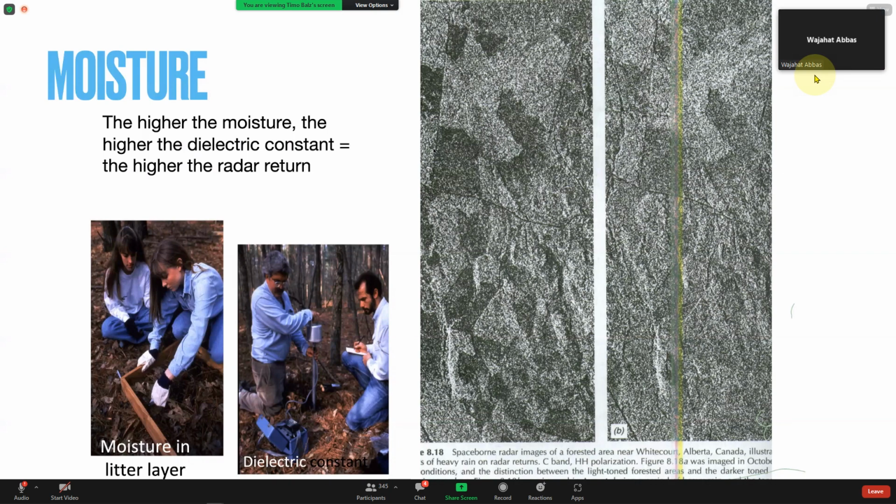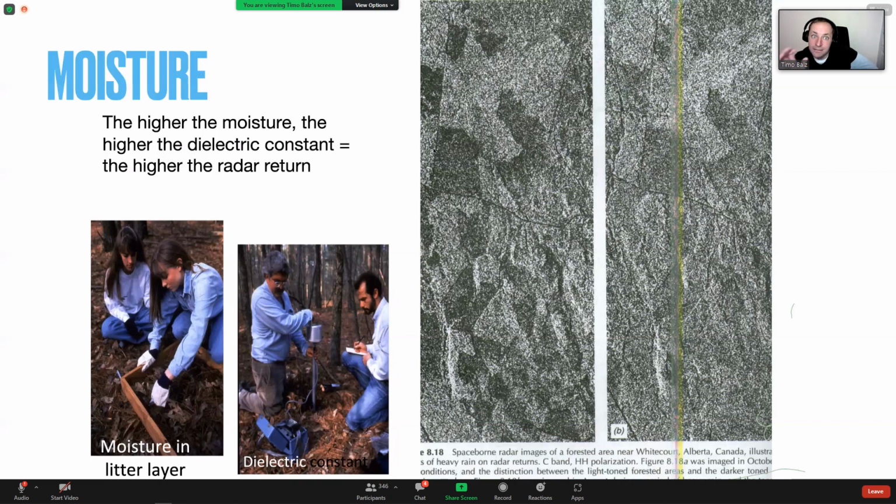But it can also be difficult if you are not really interested in soil moisture. If you want to classify other things, for example the crop types, and then you see that the moisture of the soil is changing your reflection. Whether it has currently rained or not is going to change your radar signal probably more than what type of vegetation you have here.